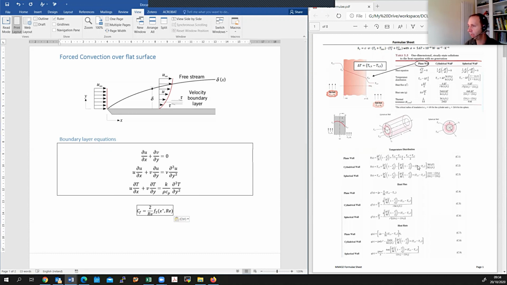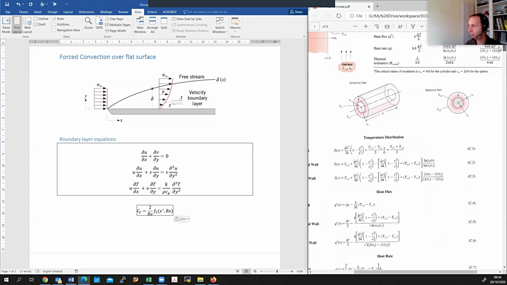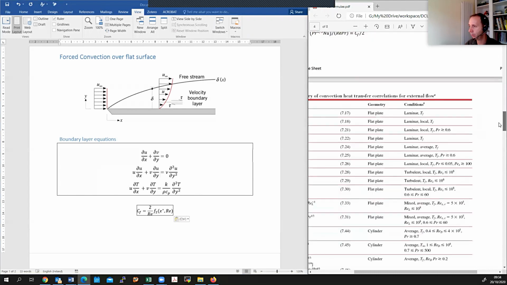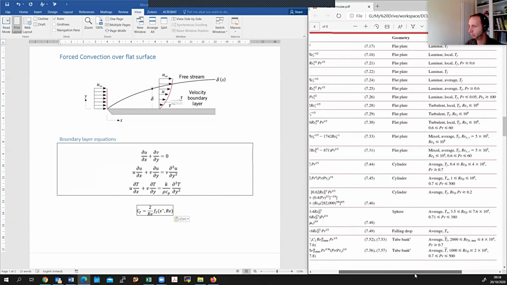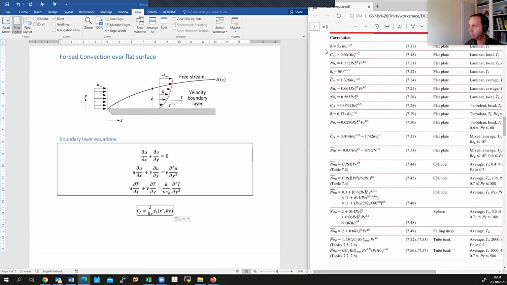And if you look at the formula sheets that you have available to you on the loop site, you see that we have one equation for this coefficient of friction as a function of x. And you note perhaps the different notation there. The difference is that in the notes we had exactly what's on the screen here, a formula sheet which comes straight from the reference book.